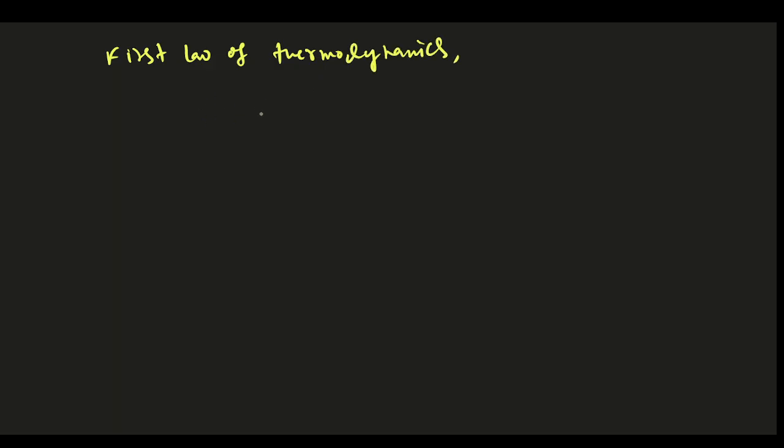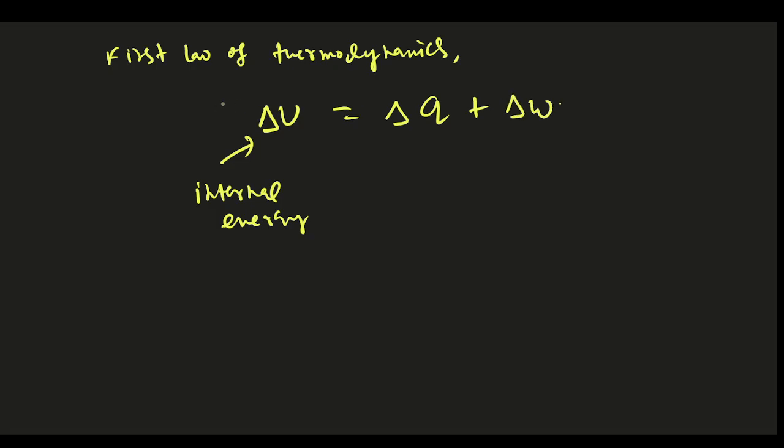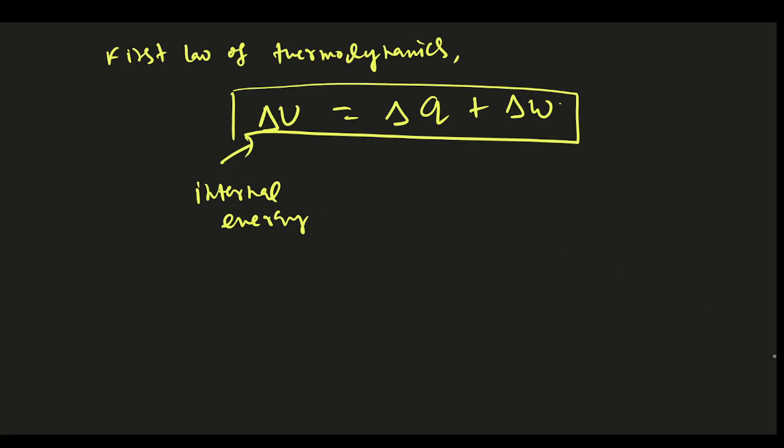So the first law of thermodynamics says that delta U, that is internal energy, equals change in Q plus change in work. So if you calculate this value, then we will get the internal energy.